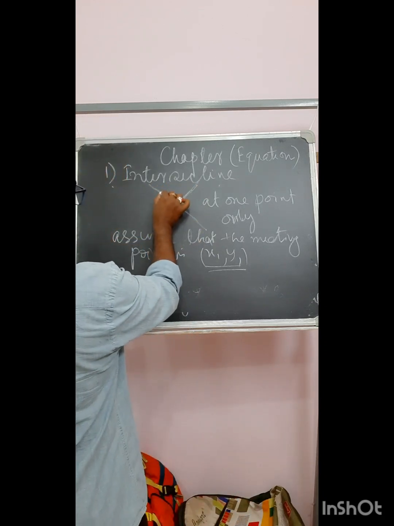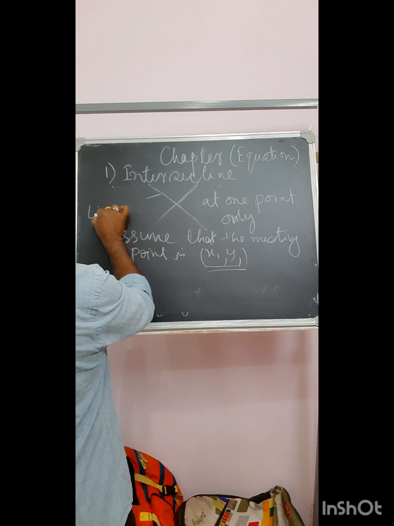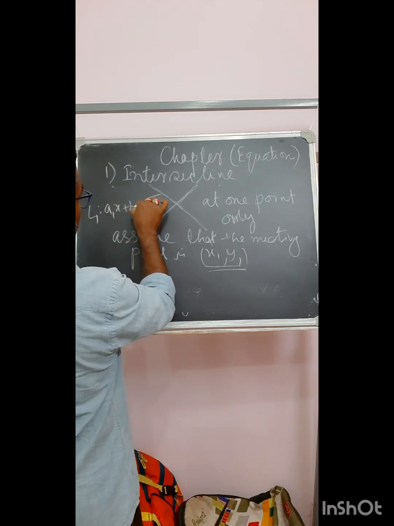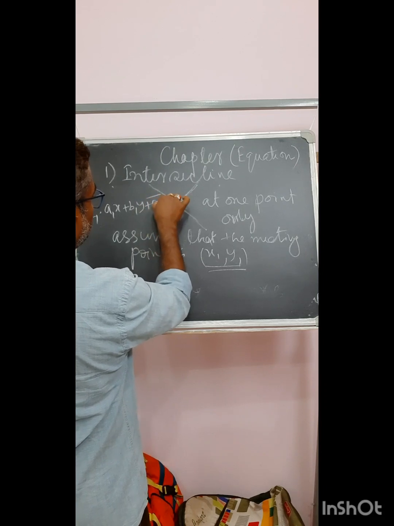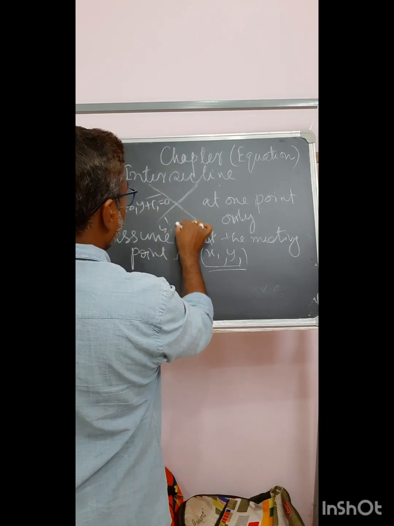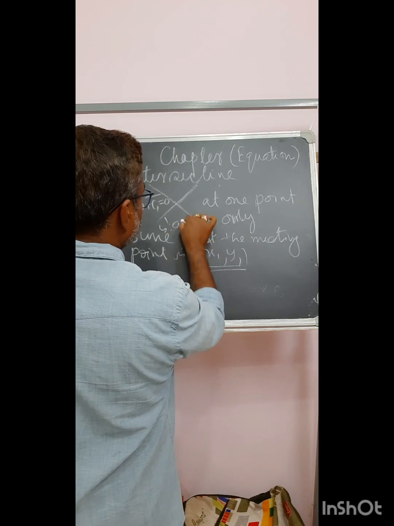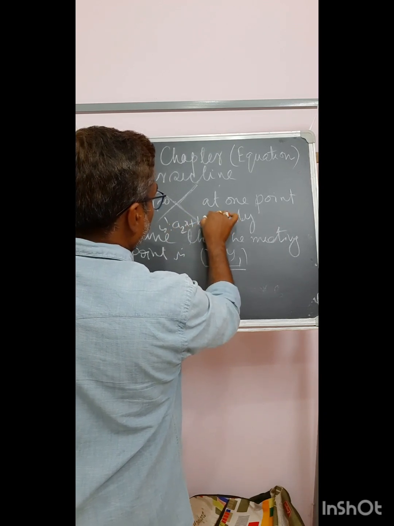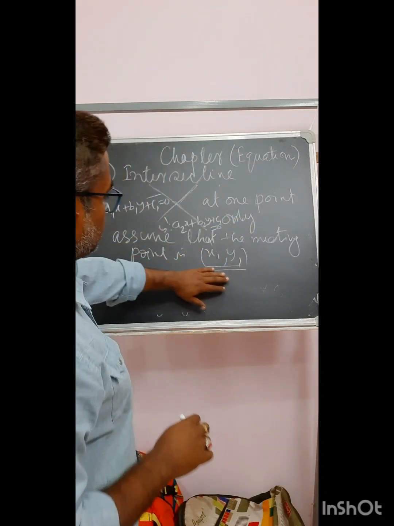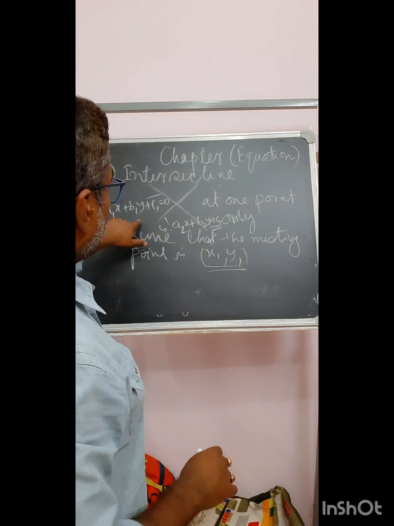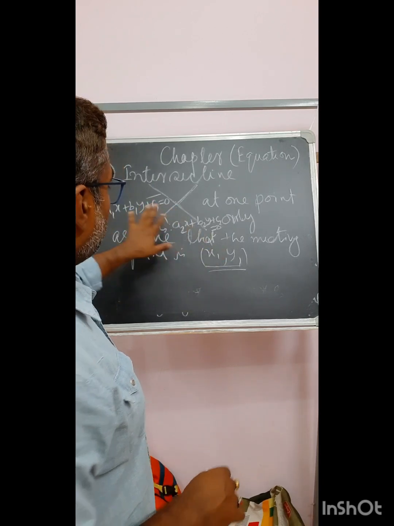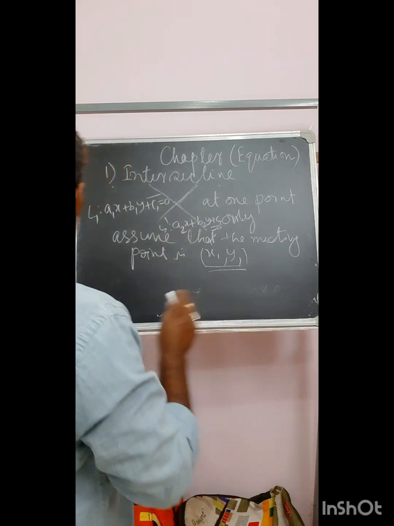That means if line L1 is represented by a1x plus b1y plus c1 equal to 0, and L2 is represented by a2x plus b2y plus c2 equal to 0, then (x1, y1) will lie on both the lines.